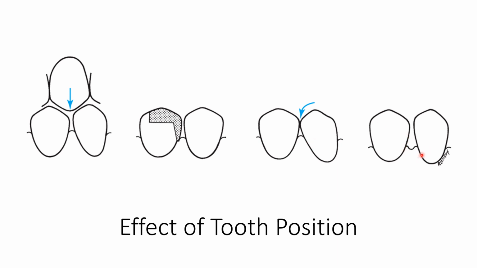If you have an open contact, that's also going to retain plaque and biofilm more easily, and it's going to be a little bit harder to clean, which is then going to eventually possibly cause some bone loss.